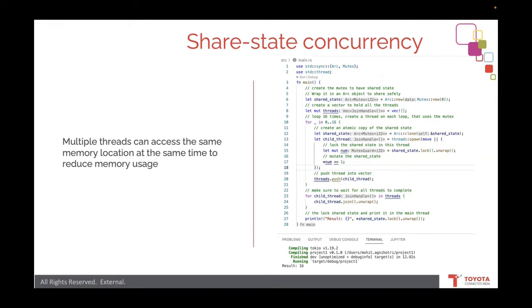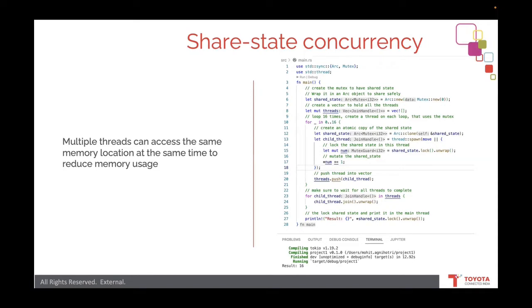In this example, we create a mutex, you can see here, and we wrap it around an Arc object, and then we create multiple threads. We created around 16 threads, and all the threads are going to use the mutex, and we also created an atomic copy of the shared state.